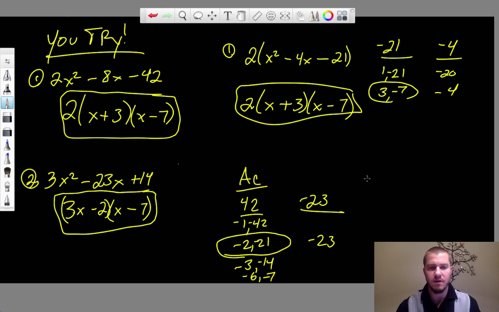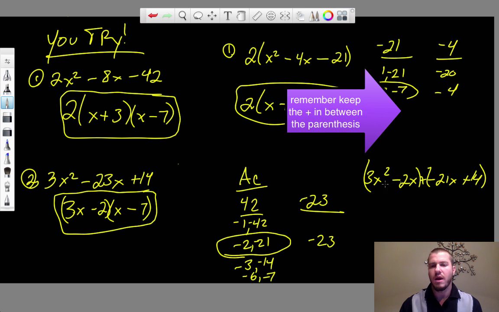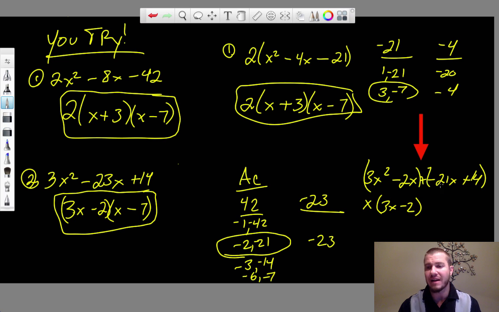So I have 3x squared minus 2x, I'm going to put plus negative 21x plus 14. I group, and I'm going to factor out an x here. I'm left with 3x minus 2. I'm going to factor out a negative 7 here, since 7 goes into 21 and 14.